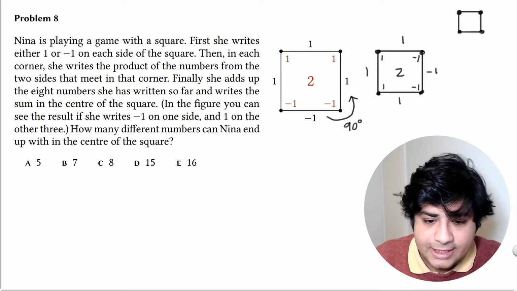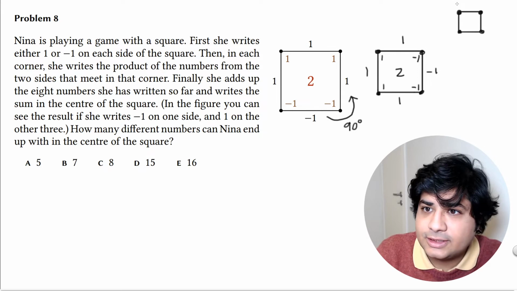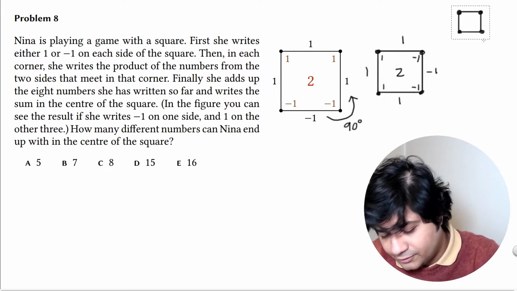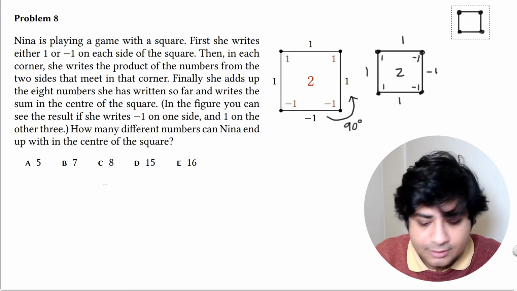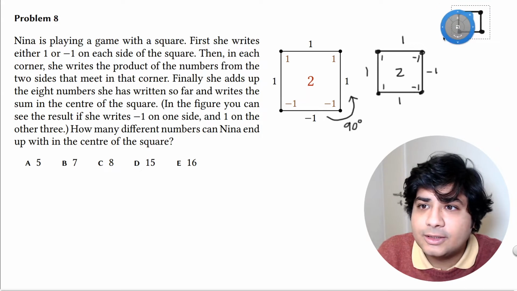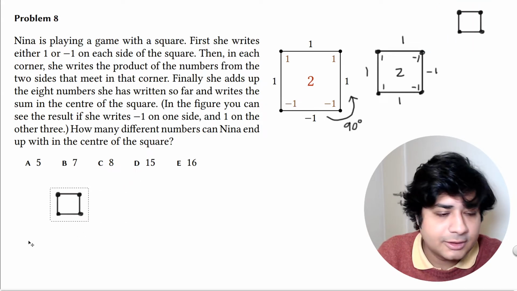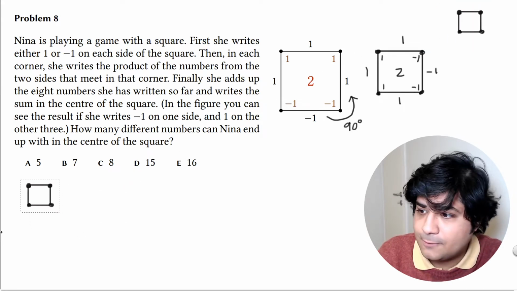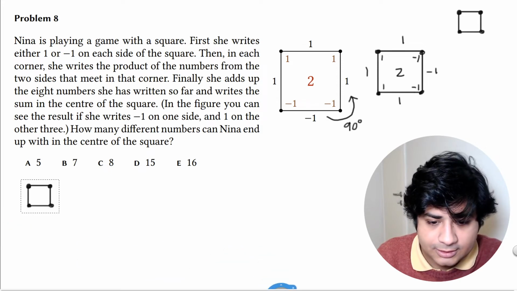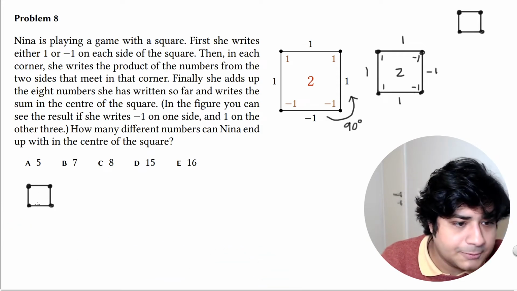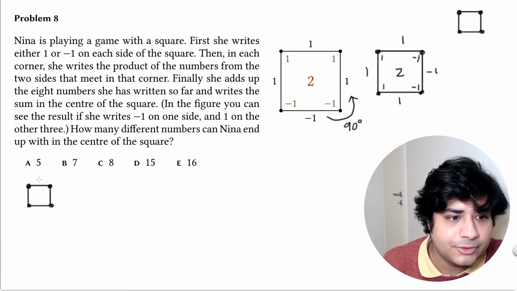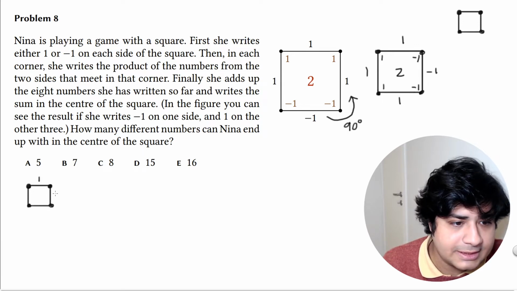All right, now let me take that and copy that from over here, and I'll put it right here. Okay, so let's see then. The first one I want to go with, I want to do it in a systematic way. So I'm going to go with 1, 1, 1, and 1.